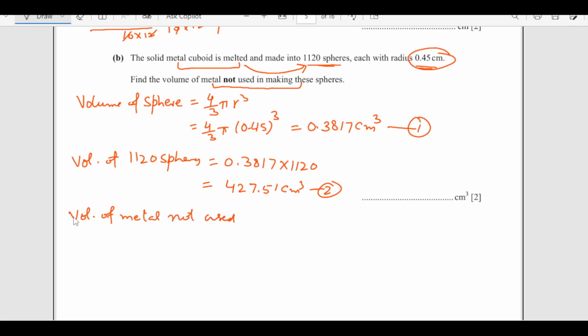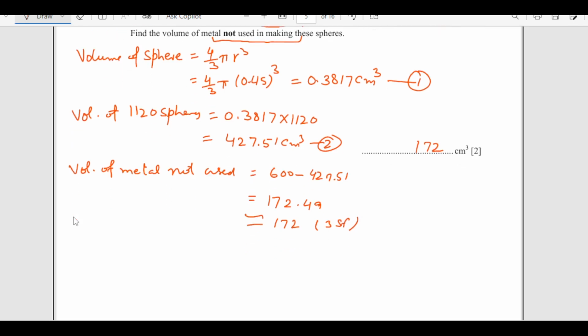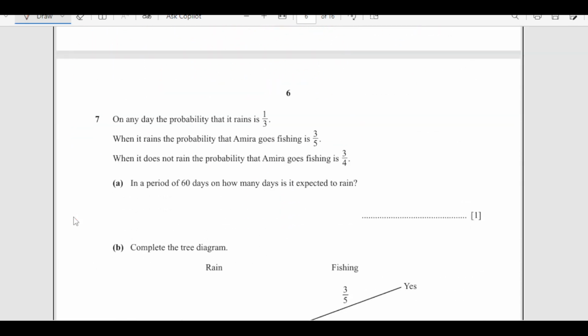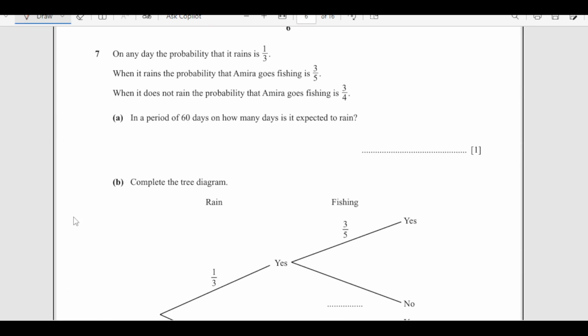So not used is 600 minus 427.51, so this is 172.49. If we write down 3 significant figures, this is 172, right? Simple.